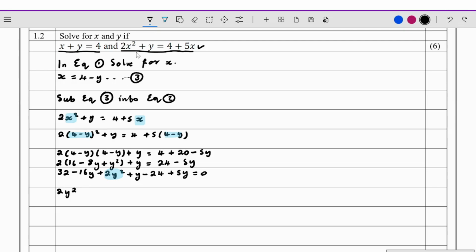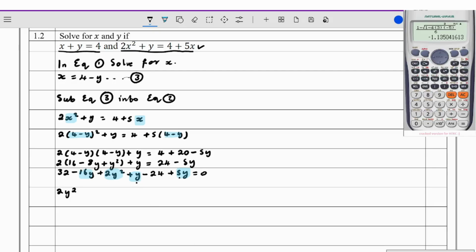And then let's come to everything that has a y. I have negative 16y, I have y, and then I have 5y. So let's add them. 5 plus 1, they become 6. And then this 5 is positive and this one is negative.